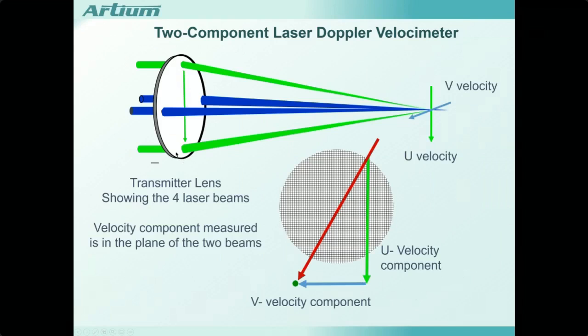So for the green beams, we're actually measuring this velocity component. And for the blue beams, we're measuring the velocity in their plane. So that gives us 2 orthogonal velocities in a single plane. We can then take the 2 velocities and combine them to get the actual velocity vector.